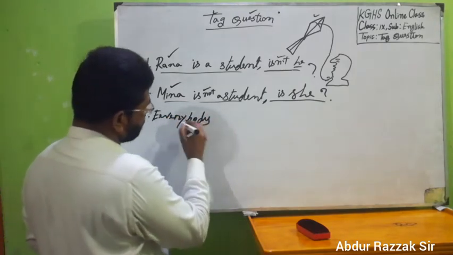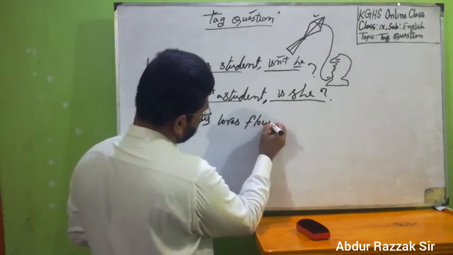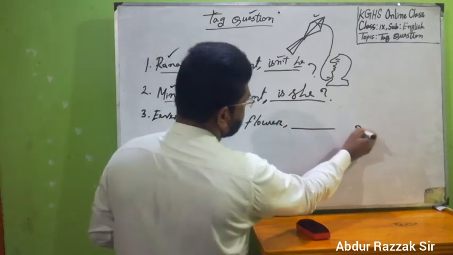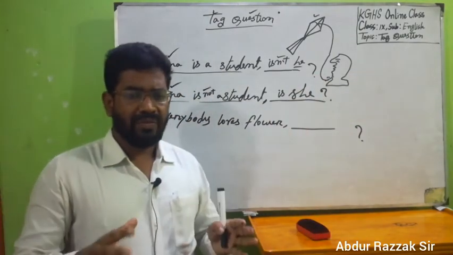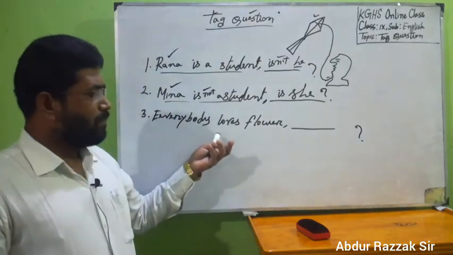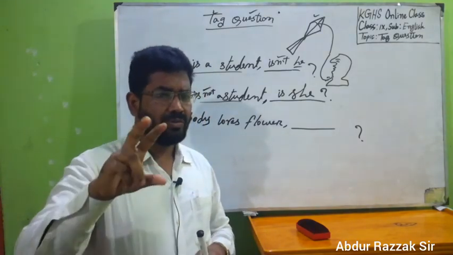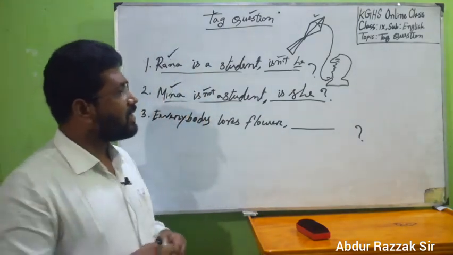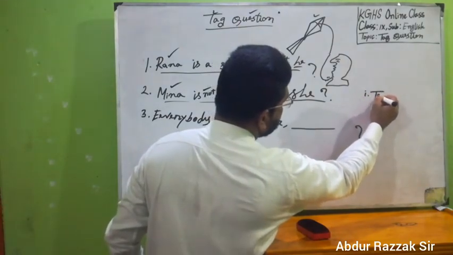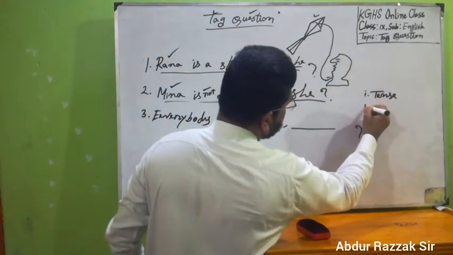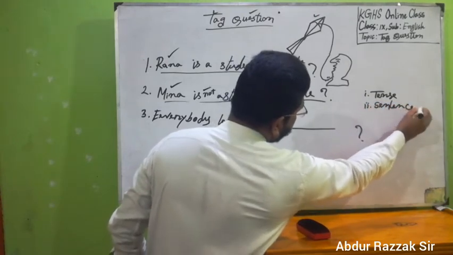Everybody loves flower. Dear students, before I begin it, I would like to draw your kind attention to the two most important things. One is tense and another is sentence.